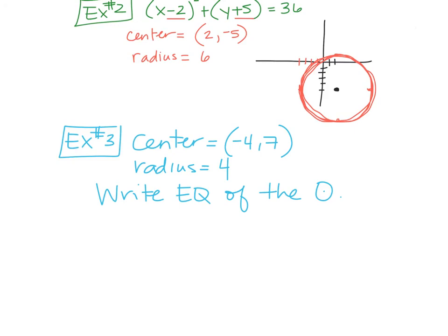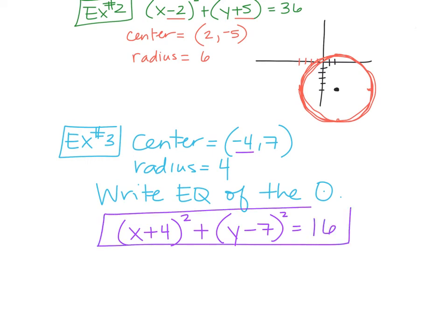Okay, if you want to pause me and try it yourself first, give it a go. But here's what you would do. So it's x minus your h value. So x minus a negative 4 is going to be (x + 4)² plus, and then it's y minus your k value, and your k value is 7, so (y − 7)² equals the radius, which is 4 squared. So 4 squared is 16. Okay, so that's example 3.